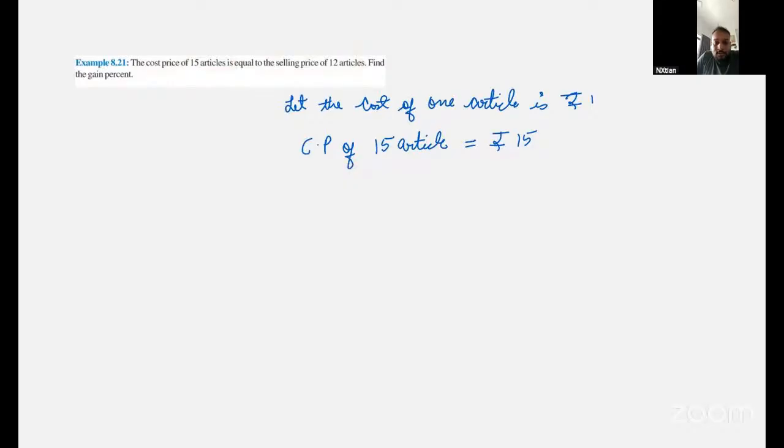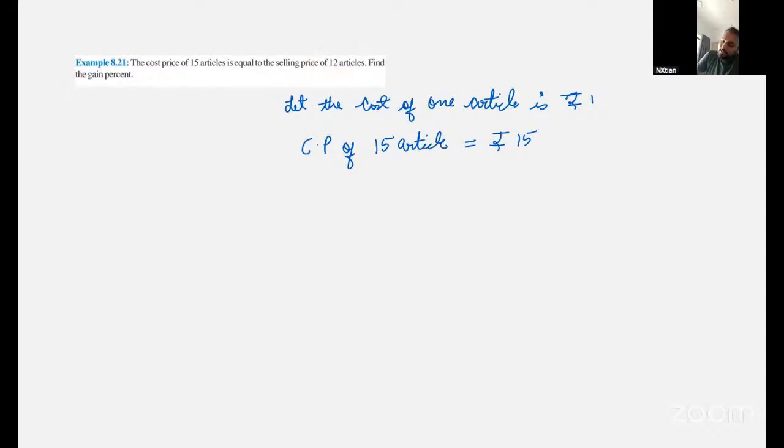See, one article costs 1 rupee, 15 articles cost 15 rupees. Now it is given that the 15 articles' cost, which is 15 rupees, is equal to the selling price of 12 articles only.